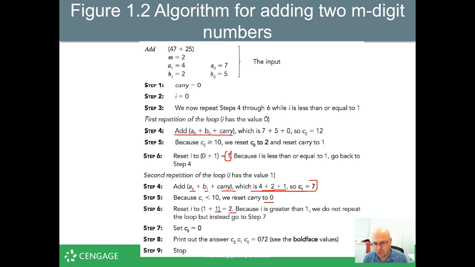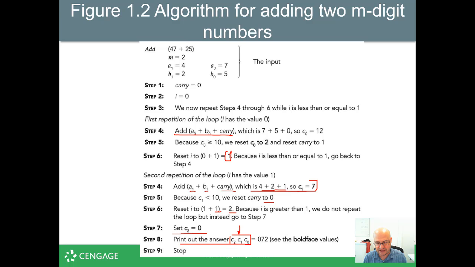Because I is greater than 1, we do not repeat the loop, but instead go to step 7. Set C2 equal to 0. And we print out the answer, which is these three digits here that were calculated.